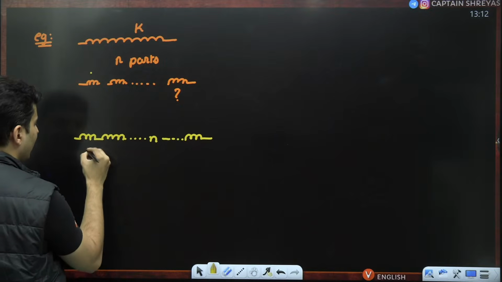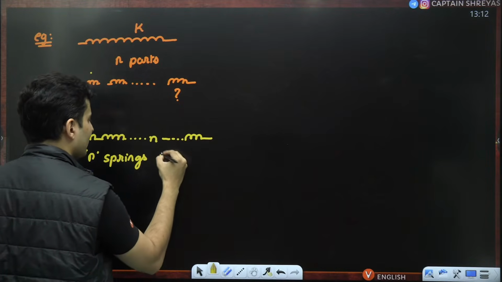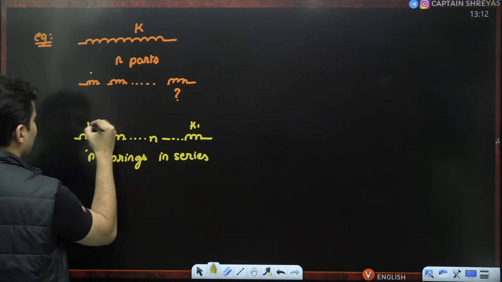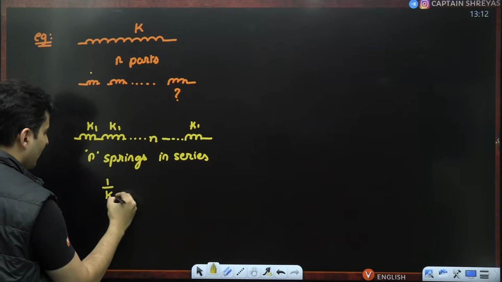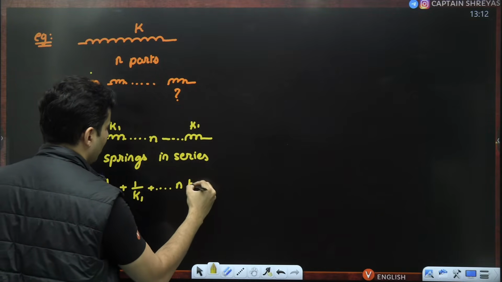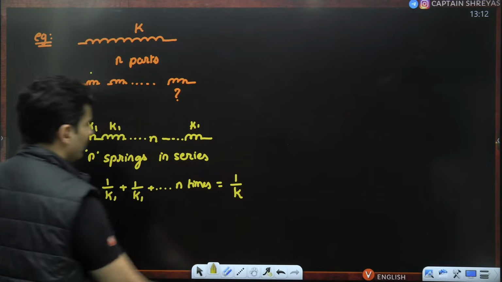They are just n springs in series. And in series, if each one of them is k1, k1, k1, k1, etc., then 1 by k1 plus 1 by k1, like that, n number of times, you should get back the original spring of constant k.